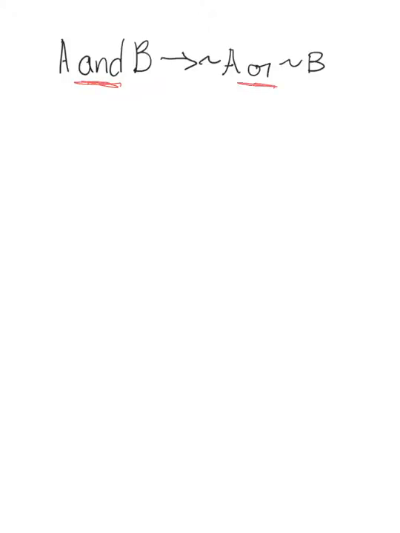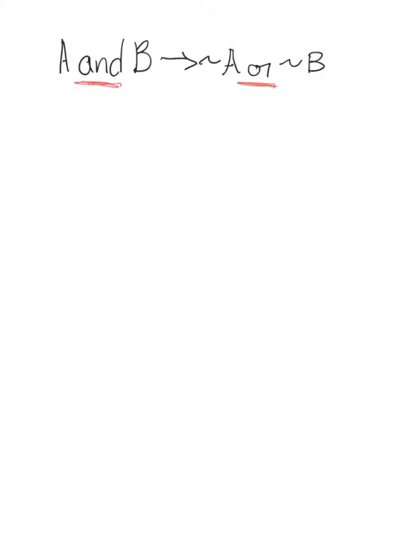So the next topic we are going to be covering is if A and B negates to not A or not B. So the key things that changed here are the and to the or.